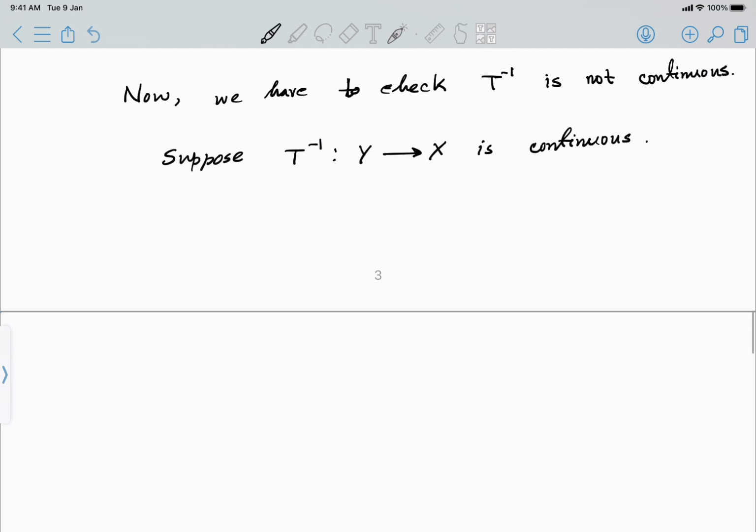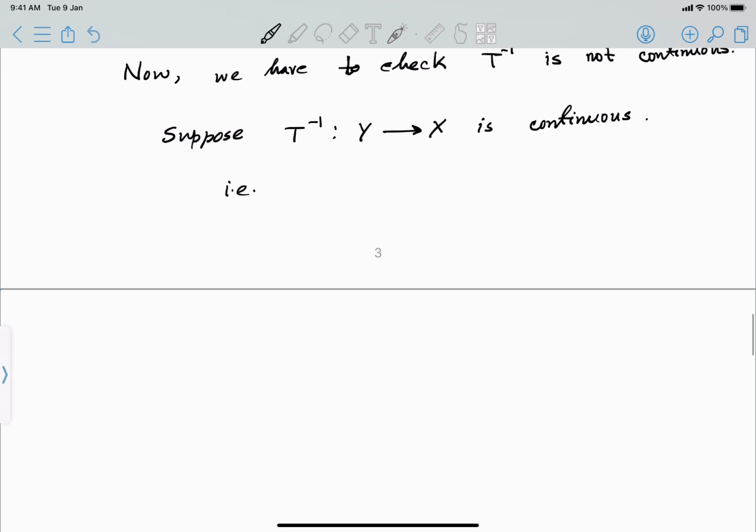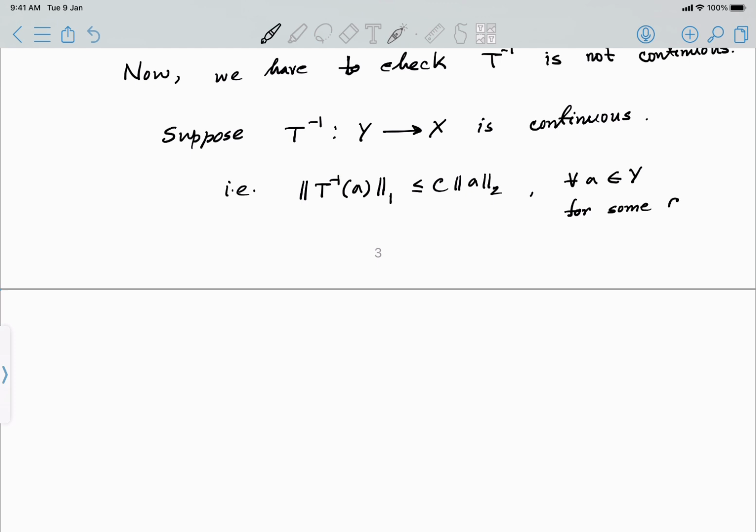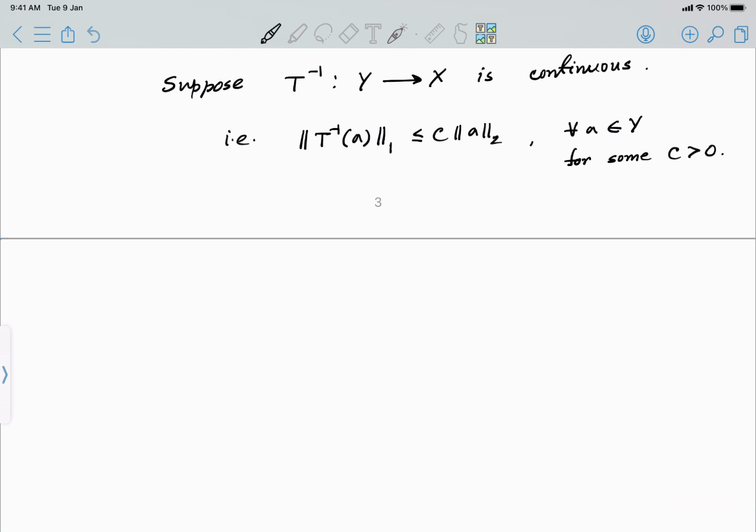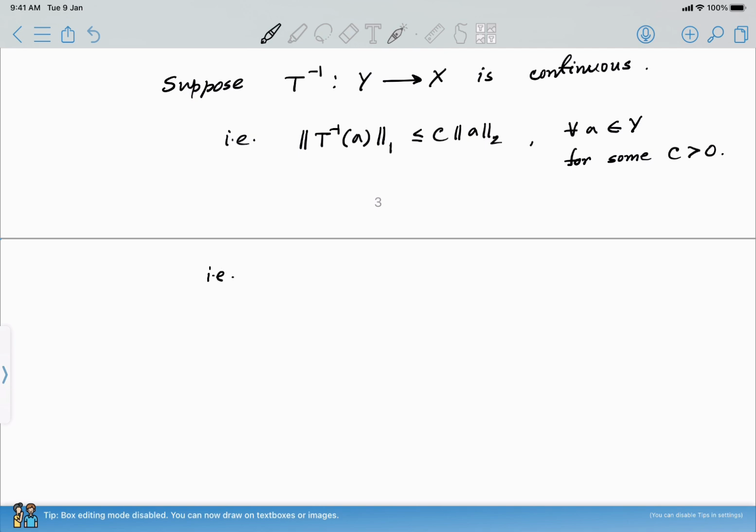Okay, then for a linear operator, what is the definition of continuity? It means the L1 norm of T inverse of a is less than C times the L2 norm of a, for all a in Y and for some positive C. Suppose this holds.